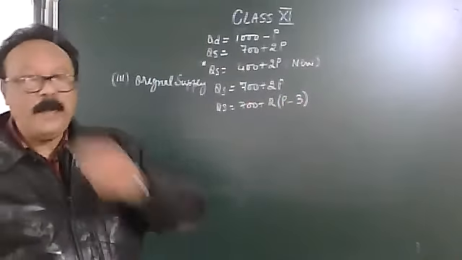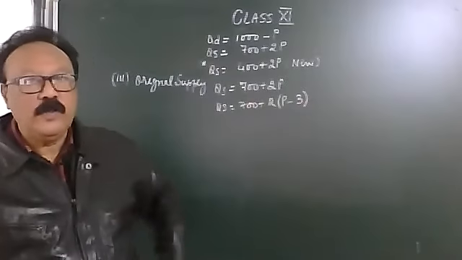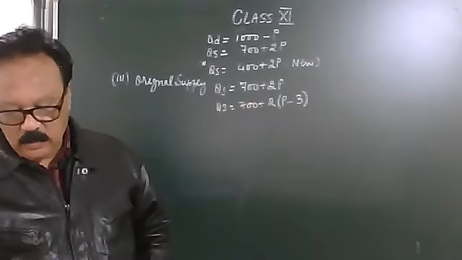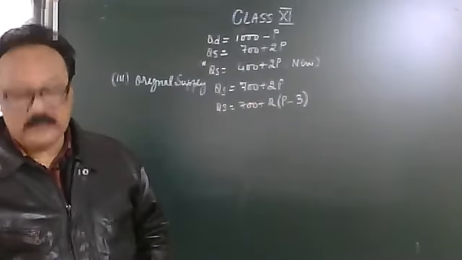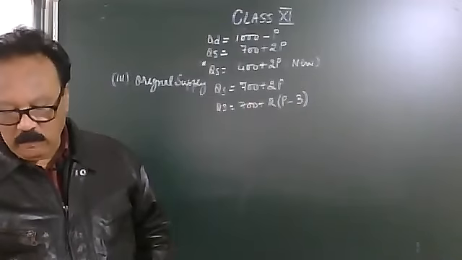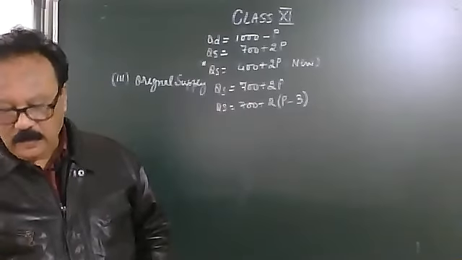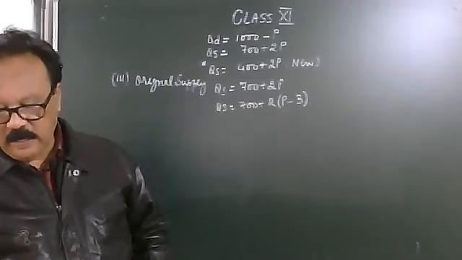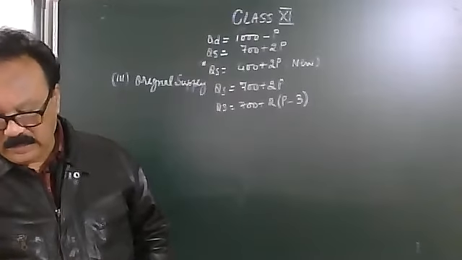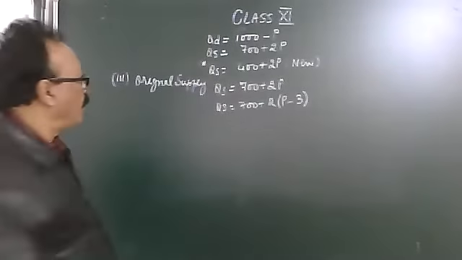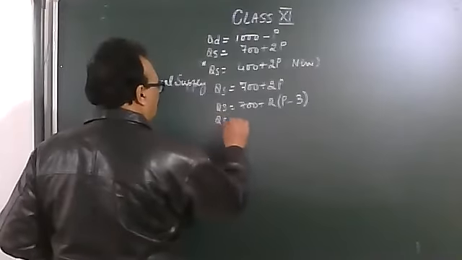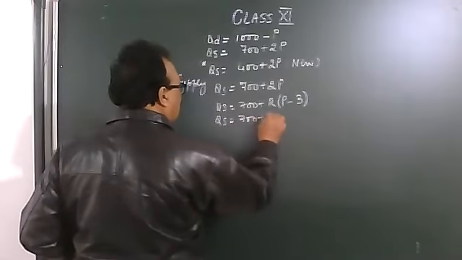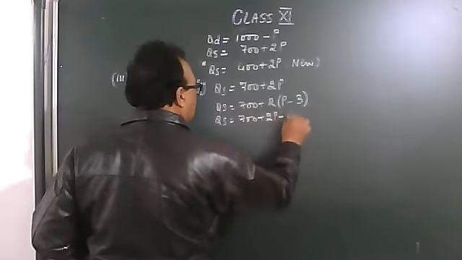That is, when a tax of rupees 3 per unit of the sale is imposed, what will be your new supply curve? Your new supply curve would be QS equal to 700 plus 2P minus 3, that is equal to, let us work it out, 700 plus 2P minus 6.